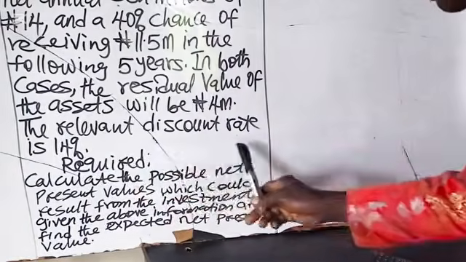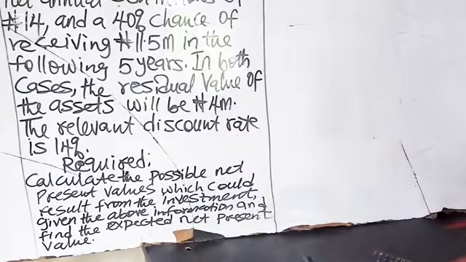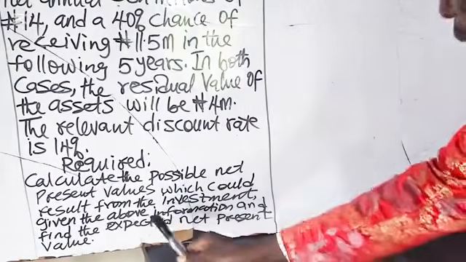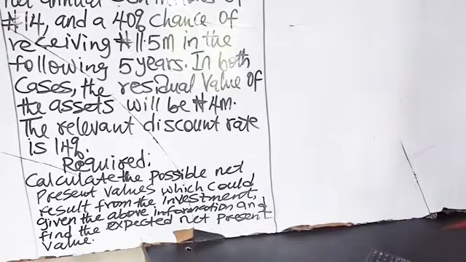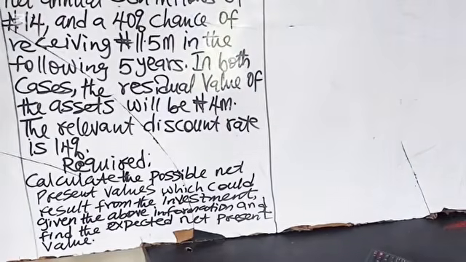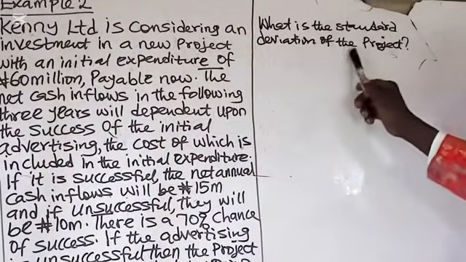The relevant discount rate is 14% required. Calculate the possible net present values which could result from the investment, and find the expected net present value. Finally, what is the standard deviation of the project?